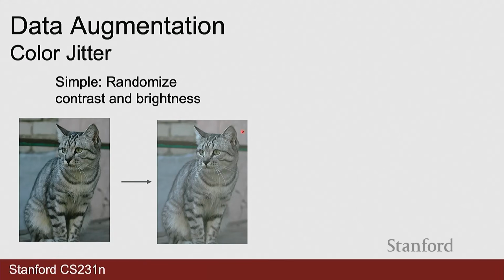That's a pretty good way to judge what values you should pick for how much jitter you should have, how much brightness variance, etc. Normally when I'm starting a problem, I'll try a bunch of these different augmentations. I'll see what is making the data look different from the original data, but still recognizable to me and still very easy to recognize. That's generally a good set of augmentations to use.